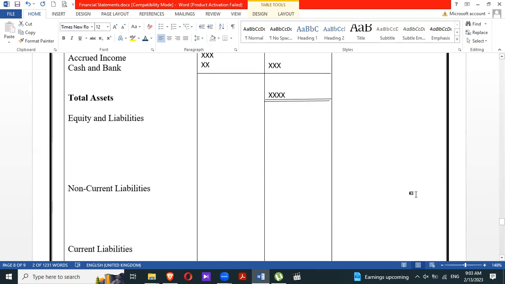So first you have to write the title equity and liabilities. Under that, first we are going to mention equity, right? Here you have to write capital first.